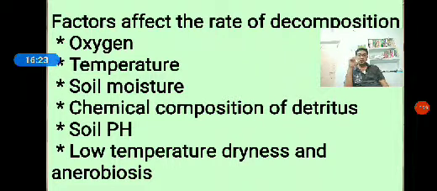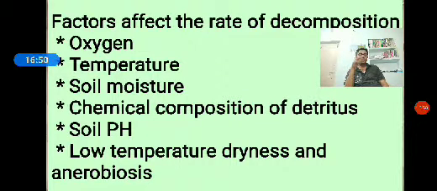Anaerobiosis, low temperature, dryness. Anaerobiosis means nothing but the absence of oxygen condition. The absence of oxygen condition inhibits the decomposition process. These are the factors that affect the rate of decomposition, so it is also very important.